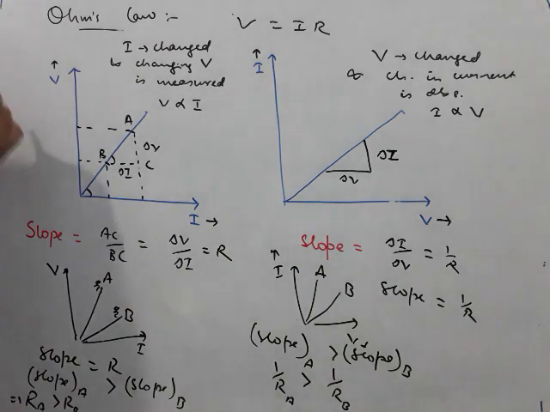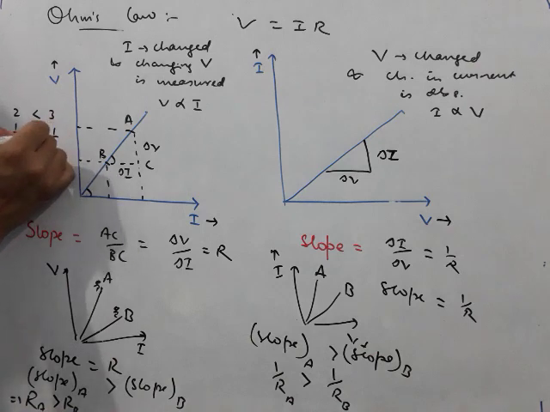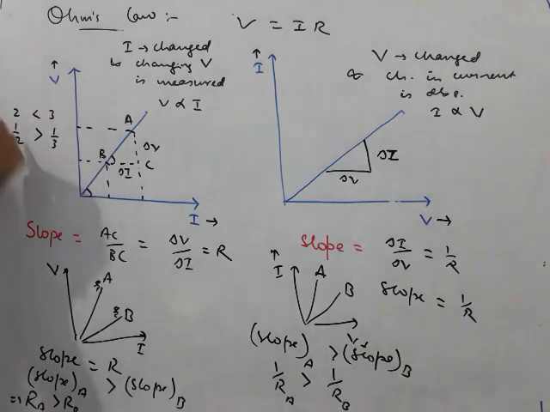Now see, students, 2 is smaller than 3. Any doubt in this? No, of course. But when you take reciprocal, 1 by 2 and 1 by 3, when you compare, the sign changes. 1 by 2 is 0.5 and 1 by 3 is how much?